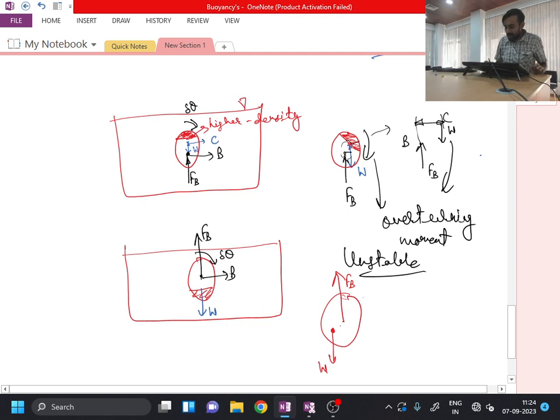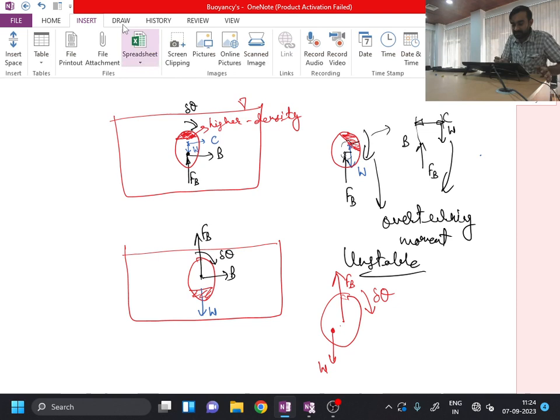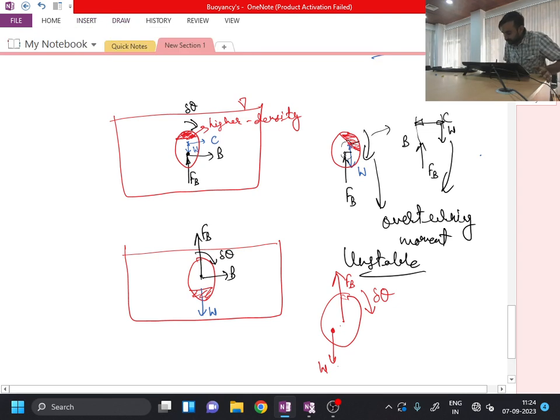So now I have displaced the body through delta theta something like this, but it is creating a moment. You can see this is one force, this is the other force, so the moment is created in this direction. I am displacing the body in the clockwise direction, but the moment is created in the counterclockwise direction.